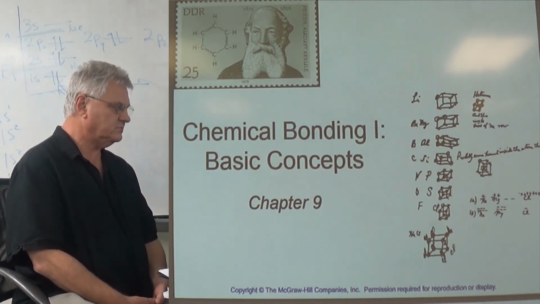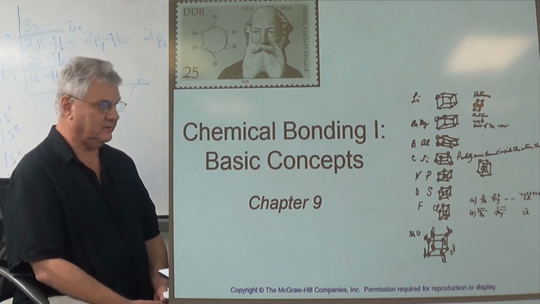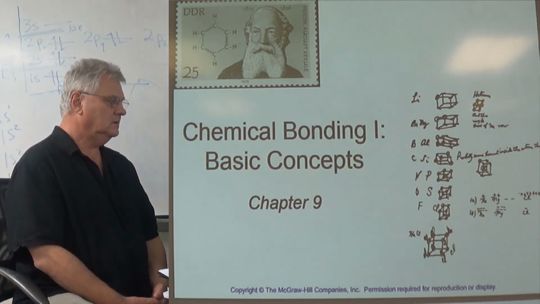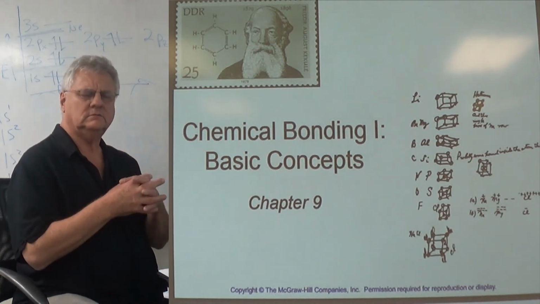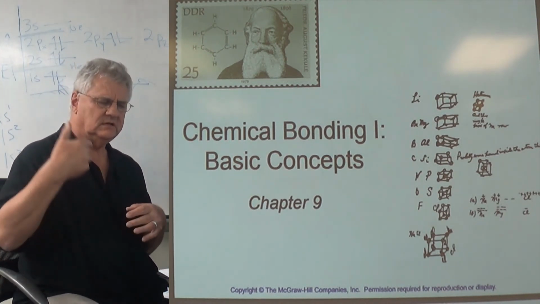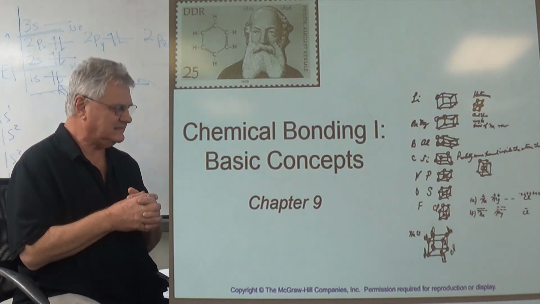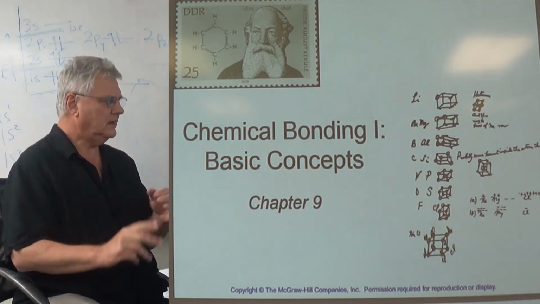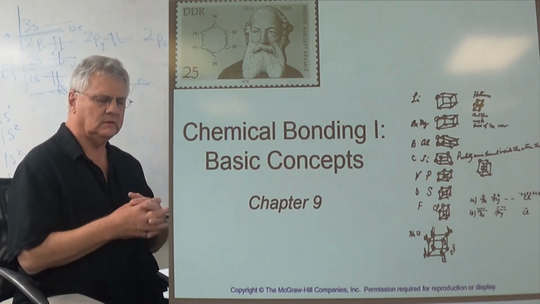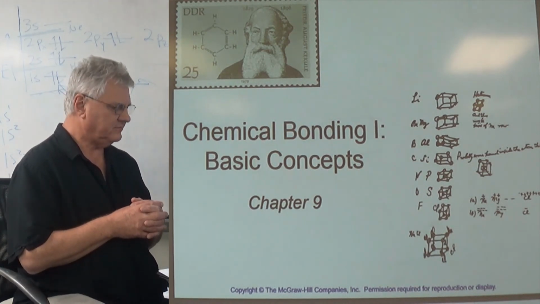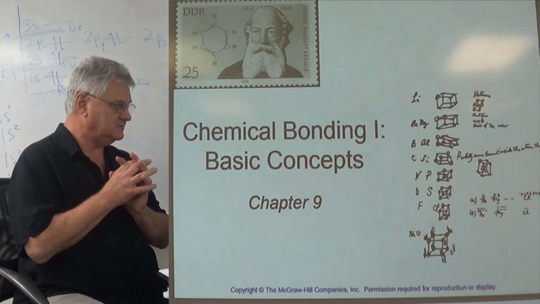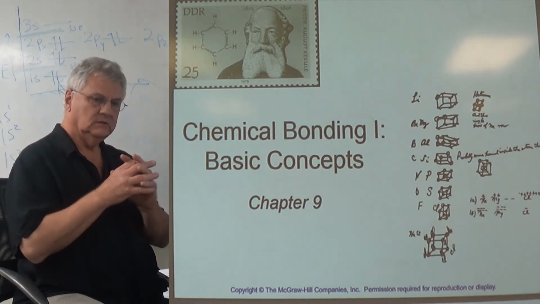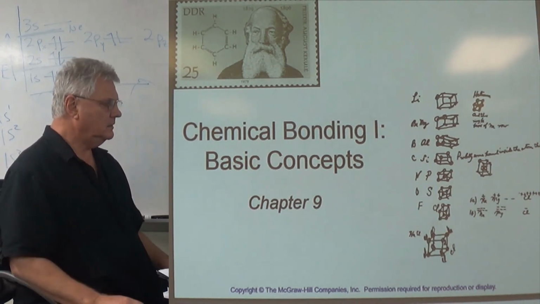Earlier in the course, we mentioned two families of compounds. When you have a metal and a non-metal, metals tend to lose electrons and form positively charged cations, and non-metals tend to gain electrons and form negatively charged anions. And there was a force between these oppositely charged ions that we called an ionic bond.